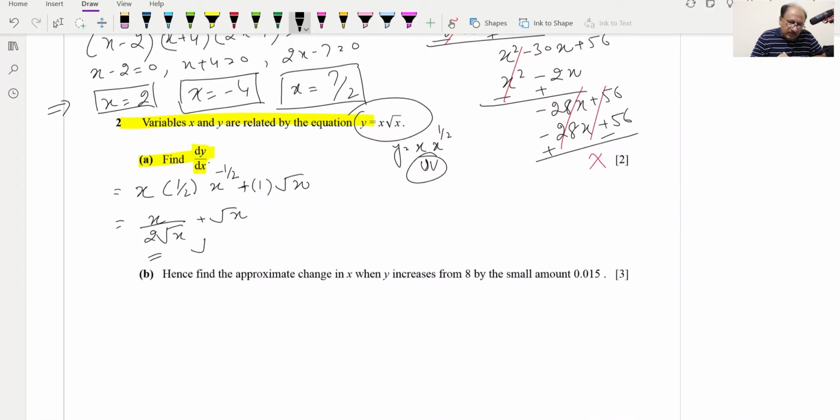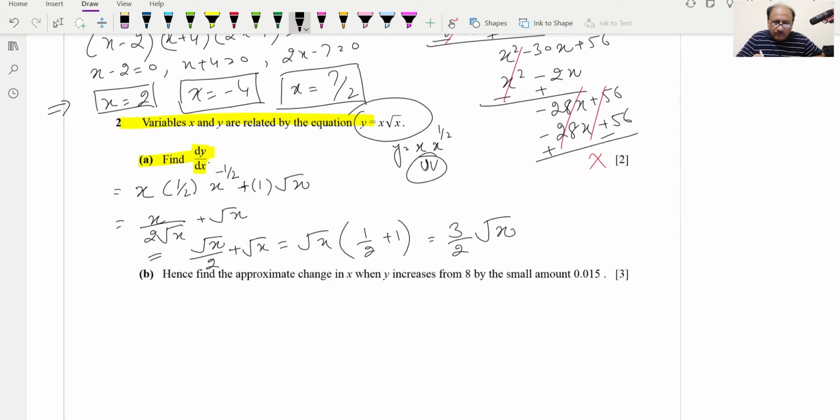This one we can write as square root of x over 2, because the denominator will cancel with the numerator. Now we can take square root of x common, and inside will be 1 by 2 plus 1, and we can write this as 3 by 2 square root of x, and this will be the final answer.